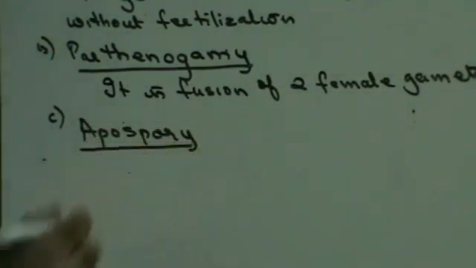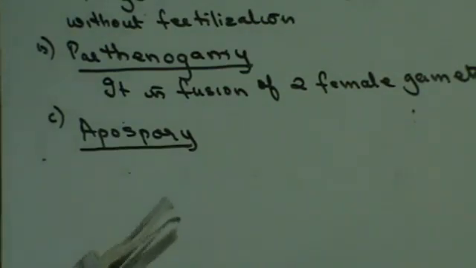The next method of asexual reproduction is apospory. It is the development of gametophyte from sporophyte.